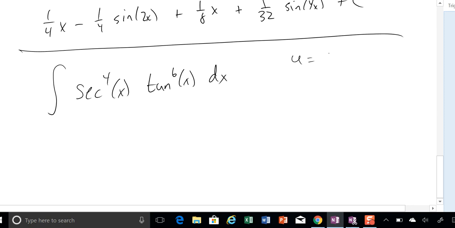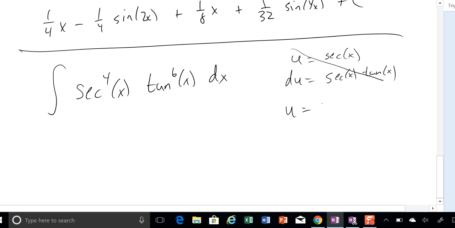So if I do u is equal to secant of x, then du would equal secant x times the tangent of x. And if I'm looking for finding a secant x tangent of x in here, I end up with a secant to the 3rd power and a tangent to the 5th power. And I can't really, I'm kind of stuck with that. So that's not such a good choice.